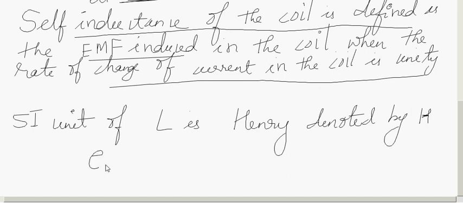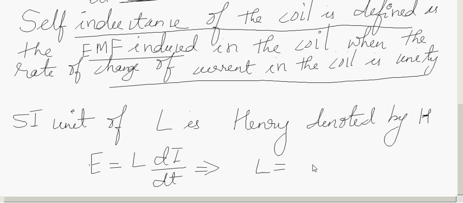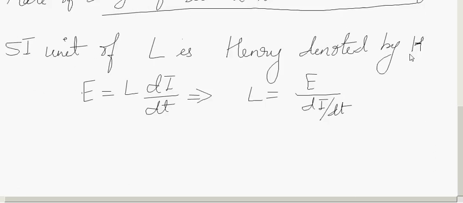We can also define it as follows. If E is L into di by dt, from this equation I can write L as E divided by di by dt. Therefore the unit of L, that is 1 Henry.